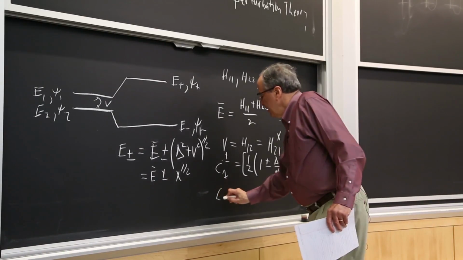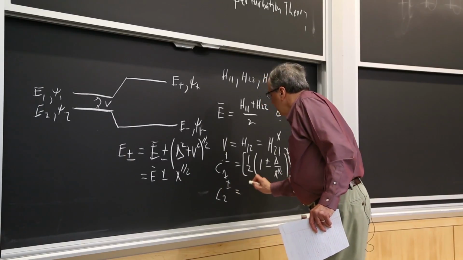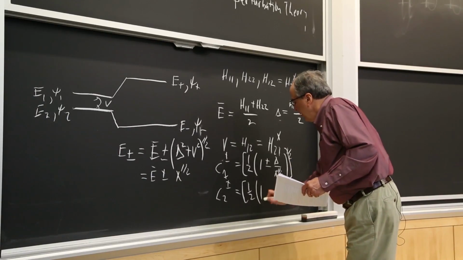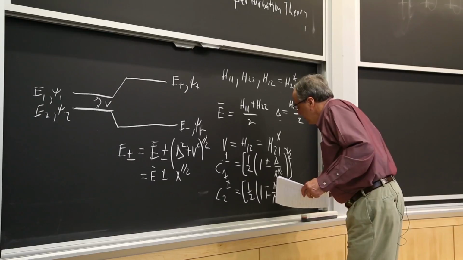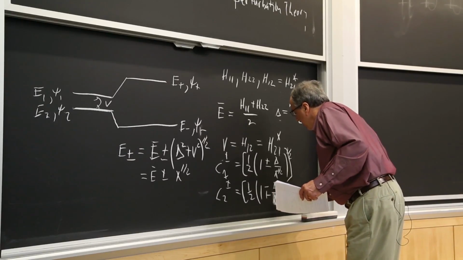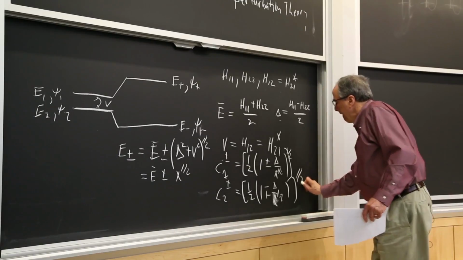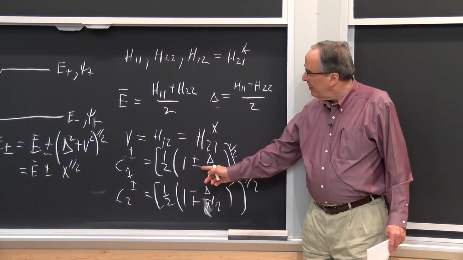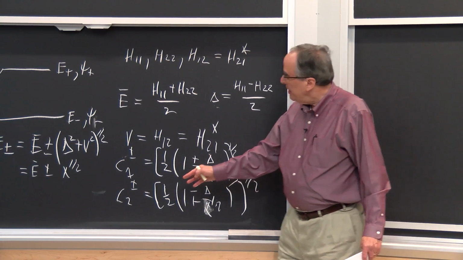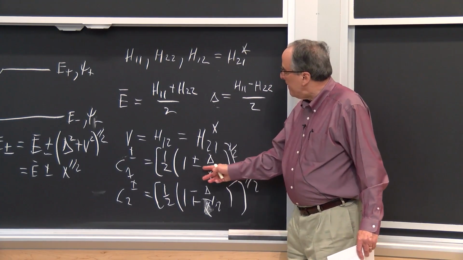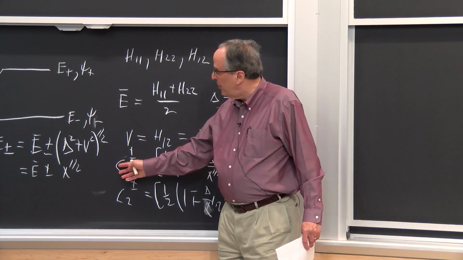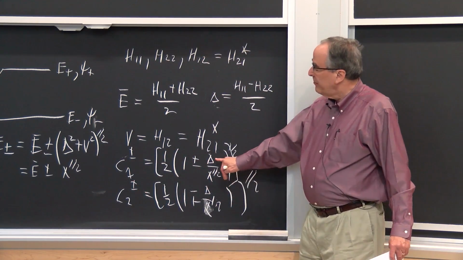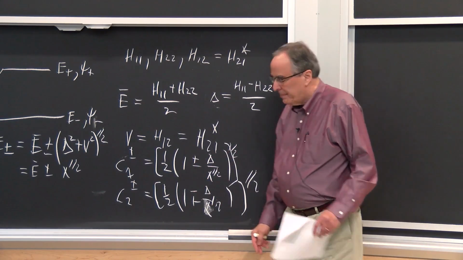And C2 plus minus looks almost the same, except we have 1 minus or plus delta over the square root of x. So in this reduced picture, there's not too much to remember. The eigenfunctions for the higher energy and the lower energy states differ only by these signs.